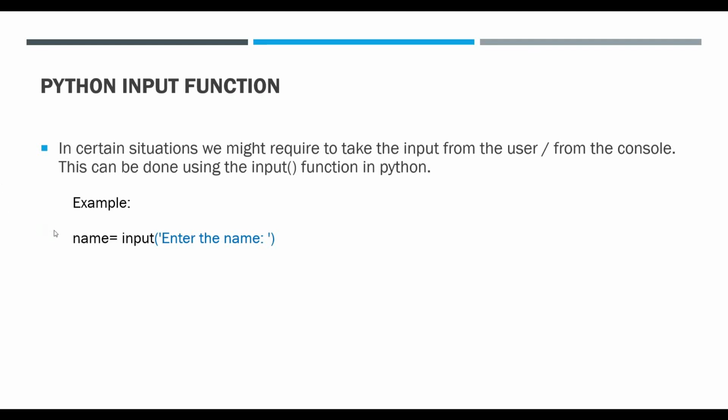For example, we can define a variable, say name equals input of 'enter the name'. This variable name will take input from the console, and by default the input value will be a string. Whether you enter an integer, a float, a string or any other value, name will be holding the string version of the input you give.